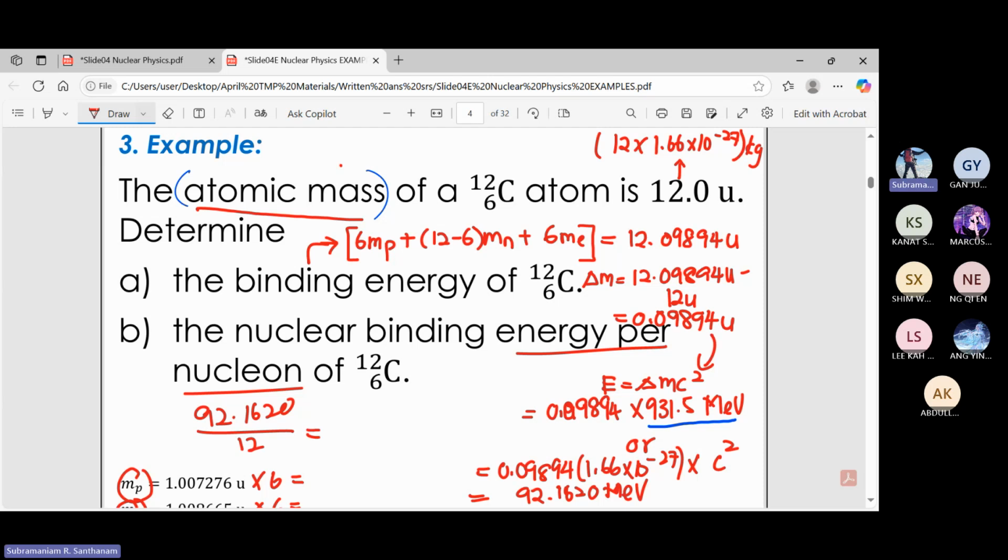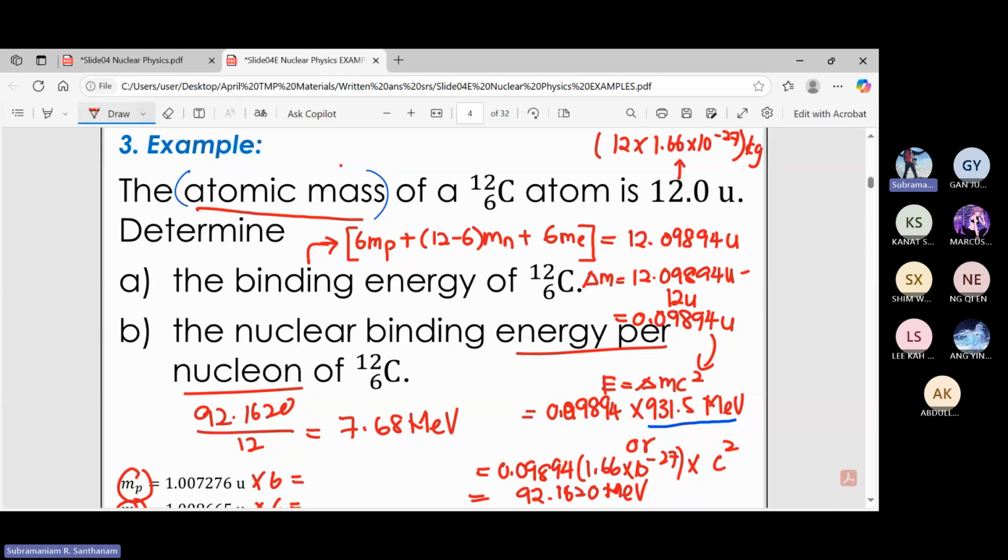That gives you the binding energy per nucleon, which should be somewhere about 7.68 MeV. Do you get it? This is the binding energy per nucleon for that nucleus, which has those nucleons.